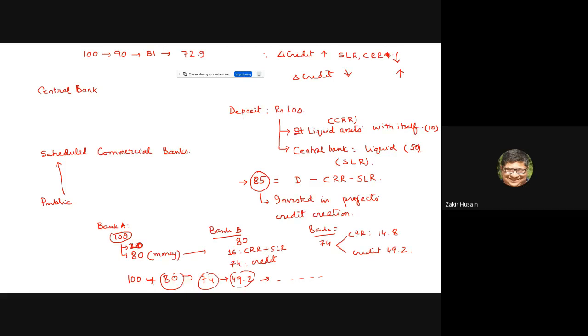Then I realized it would be difficult to make the calculations, so I decreased it. Okay. So then there's an inverse relation between SLR, CRR, and credit creation. See, SLR, CRR are basically the same, right? One is with the bank itself, other is with the central bank. Yeah, you have an inverse relation. Okay, sir. Thank you, sir.